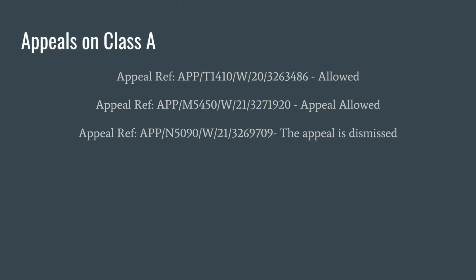If your building is very similar to this building, you can research these buildings. Is your building very similar to this? What did the developer do to get this appeal allowed? What did the developer fail on when it went to appeal? Is there anything you can take from these appeals to actually benefit you and enhance your design? I highly recommend you look at these as well, and also look at the legislation in further detail.